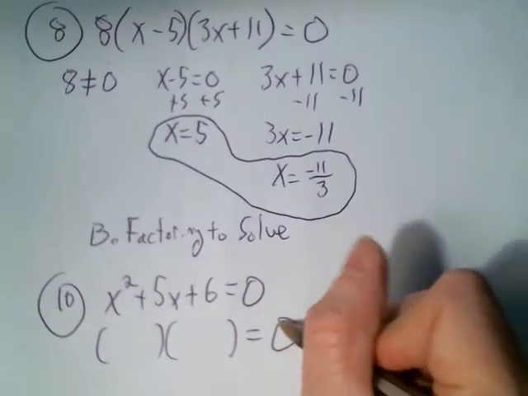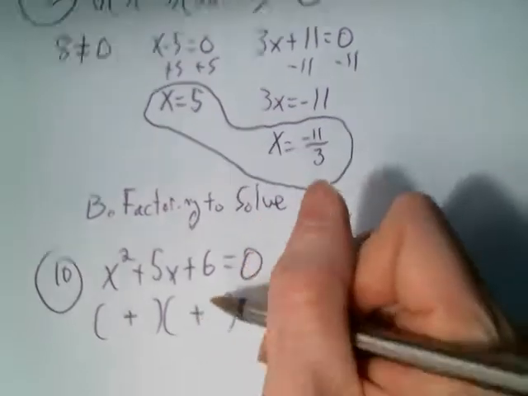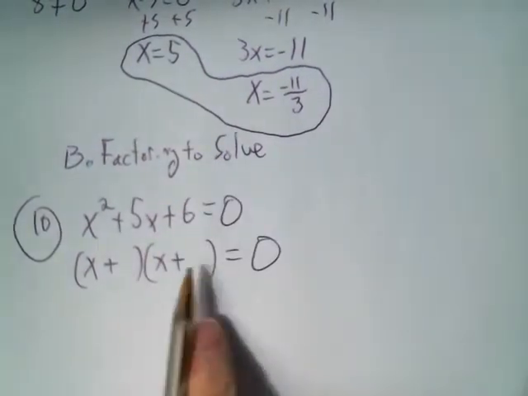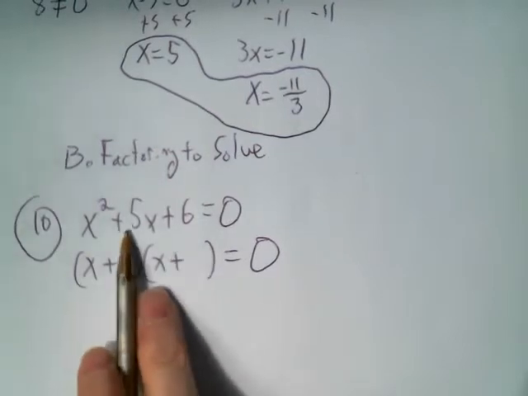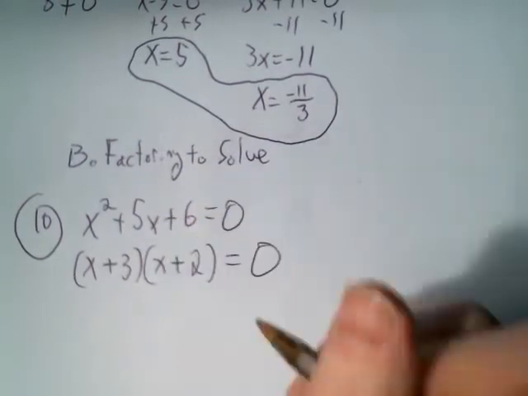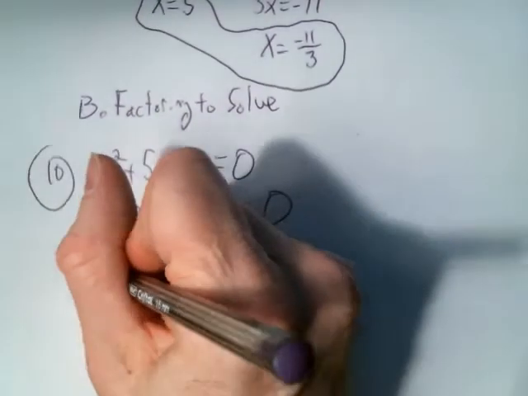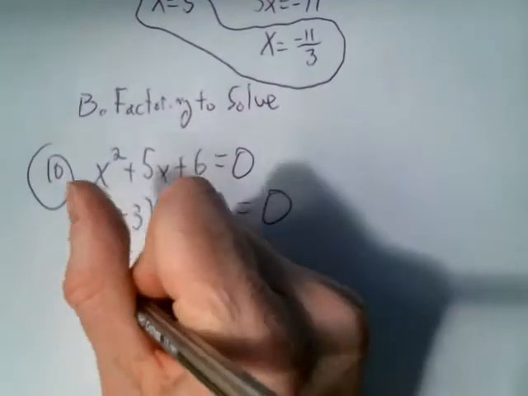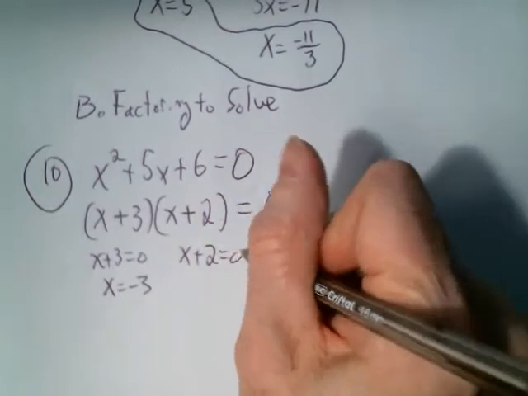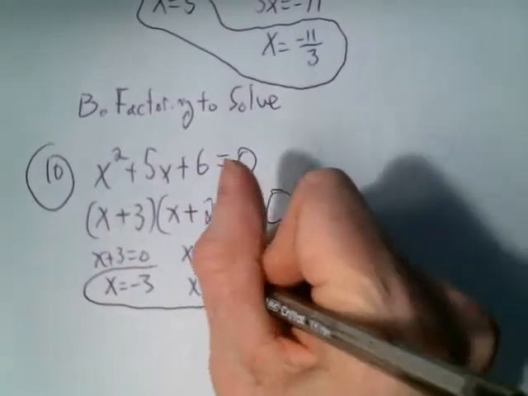So the signs say plus plus. I need x, and then it's 6 and 1 or 2 and 3. You have to add to 5, so 2 and 3 is the way to go, or if you'd rather 3 and 2. And then for your answers, you set each factor to 0. It's -3 and -2.